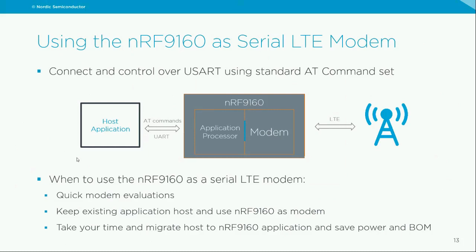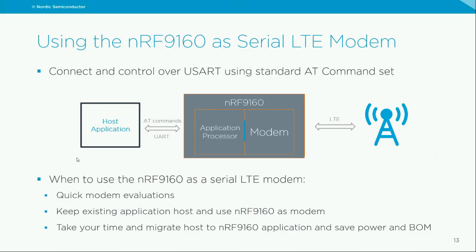This can be for time to market reasons, or it can be that you have the need for a more powerful processor because you're running different types of stacks, or you have displays or user interfaces and so on that require a lot of memory. And then it's now possible to keep all those and still use the 9160 with AT commands. And still you can run stacks and middleware also inside the 9160, as I just showed you in this architecture.